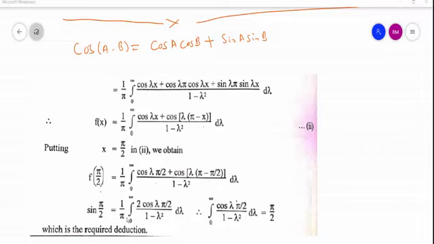So pi in the denominator will go towards the right hand side, and 2, which is in the numerator, will go towards the denominator, and the value of sin pi by 2 is 1, so we get this equality. I hope you understand this problem.